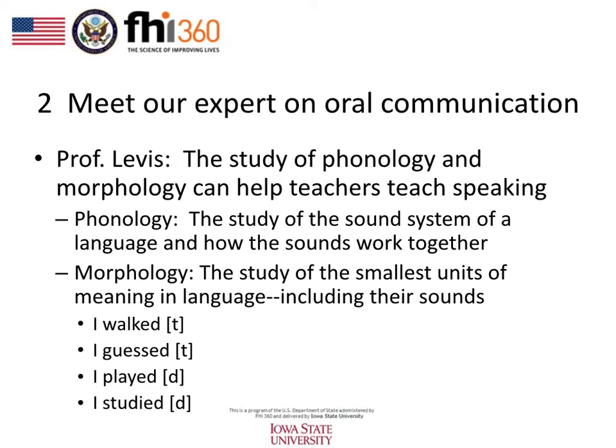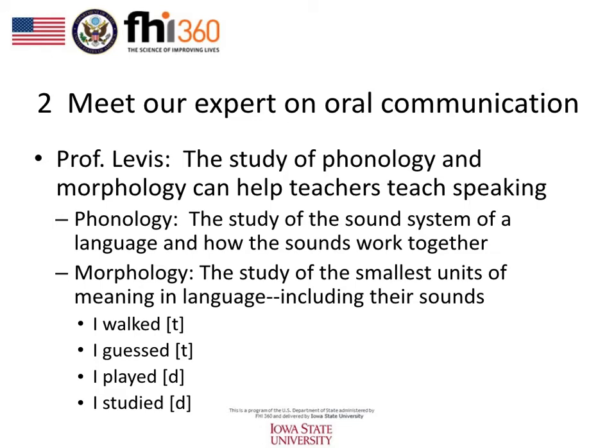By phonological environment, I mean which sounds are right next to the ed morpheme. In the first two cases, the sounds that are next to the ed are both called voiceless consonants. The k in English is a voiceless consonant, and so is the s sound.